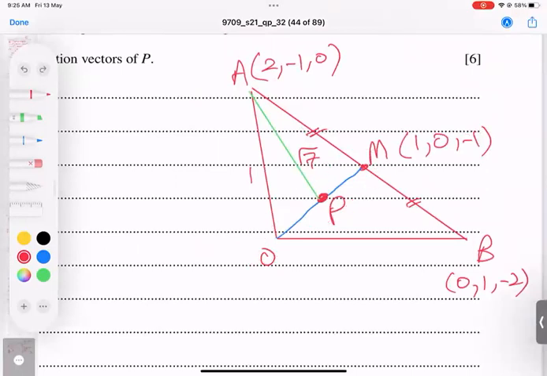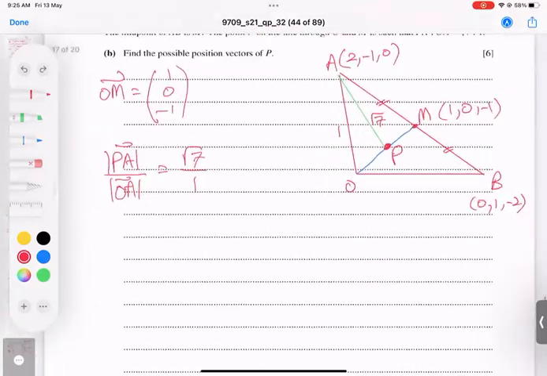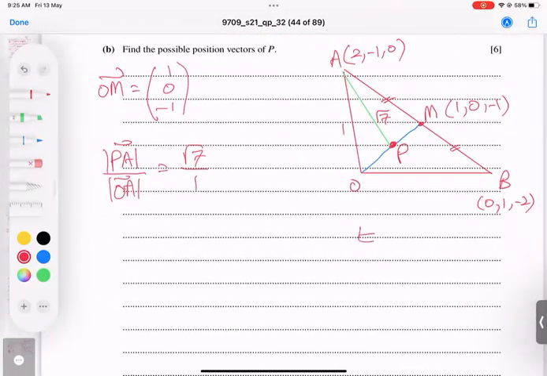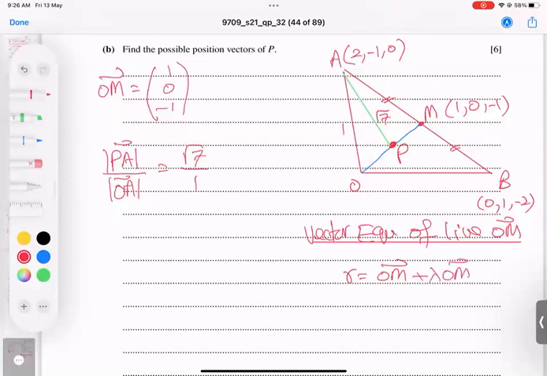So if I find the equation of line OM, look here, I'm writing the vector equation of line OM. What is the technique? The formula is a point plus lambda times a direction. M is a point that lies on it.